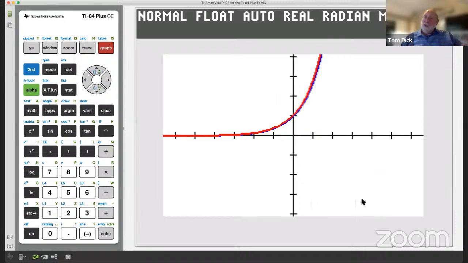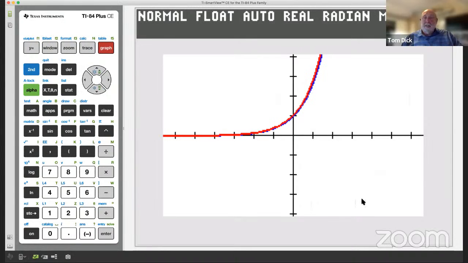And folks should realize on the 84, when you do a numerical derivative, it's actually taking a couple of these difference quotients and averaging them. It's doing one to the right, one to the left, and averages the two. This is sometimes called the symmetric difference quotient.